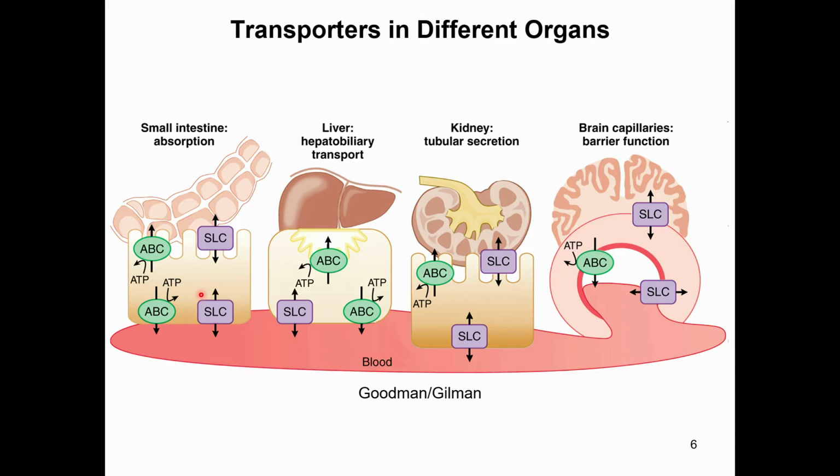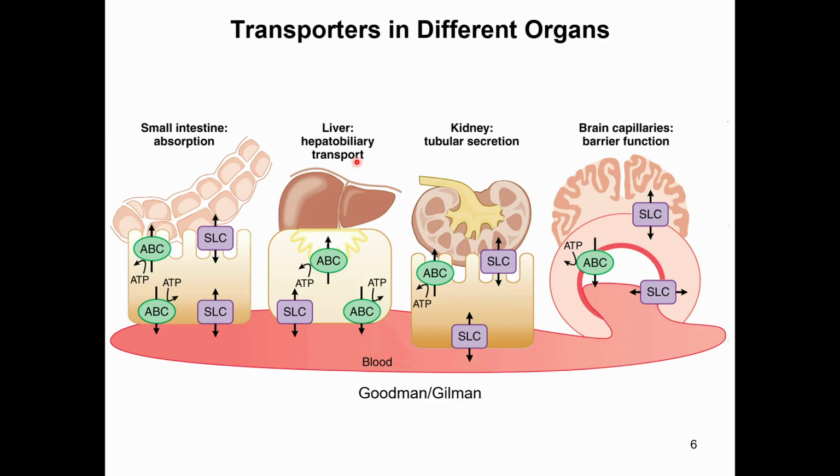So things can enter from the blood via SLCs, for instance, and then get moved into the bile and be excreted from the body. Okay? Cholesterol is a great example of that. It can be taken up from the blood into the hepatocyte, and then metabolized into bile acids and salts and put into the biliary region.